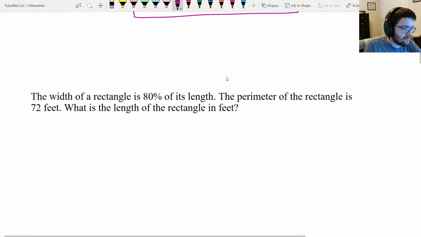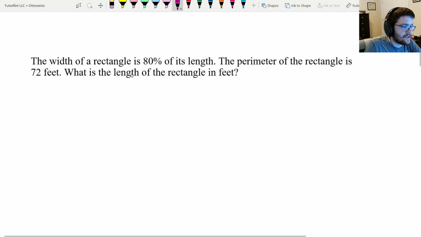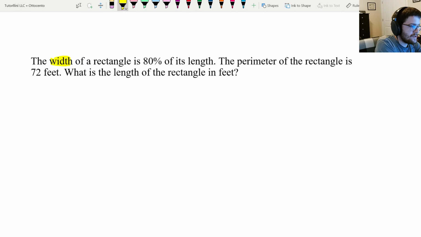Okay, I think there's one more here. It says the width of a rectangle is 80% of its length. So we have to do some words to math here. The width, we can call that W, equals 80% of its length.